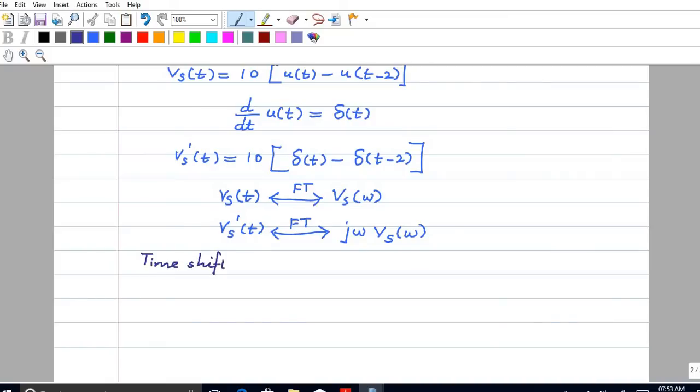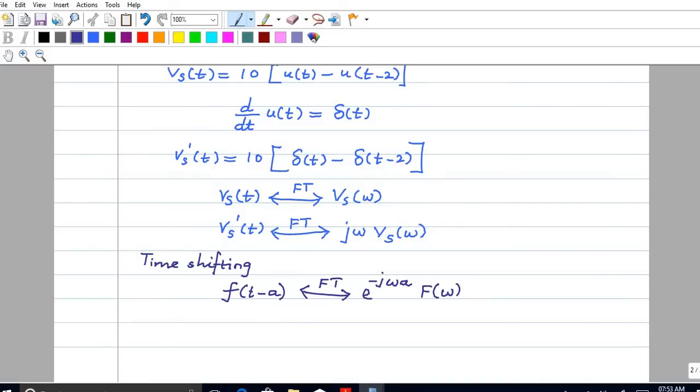If I am shifting the signal by a, the corresponding effect in the frequency domain is e power minus j omega a, a phase term that includes this a, multiplied by F of omega.